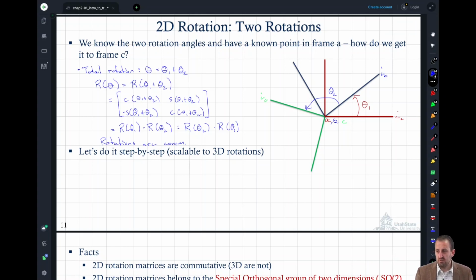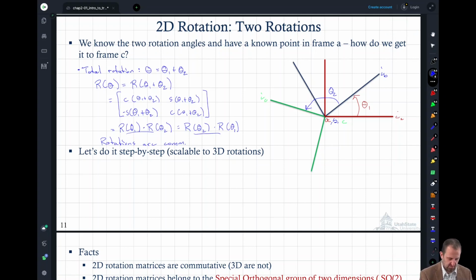So in reality, 2D rotations are really easy to work with, right? Because we only have to worry about a single rotation matrix. But if we do it step by step, kind of like I showed up here, then we'll end up getting something that can work a little bit better for 3D.